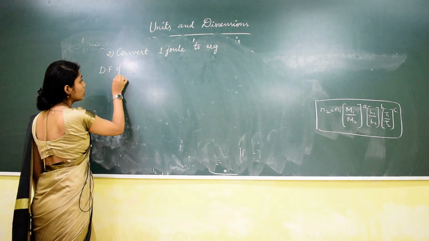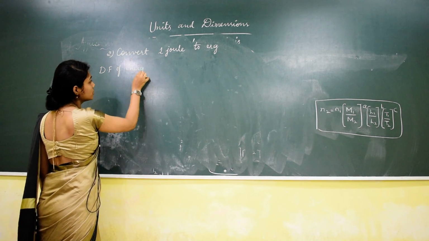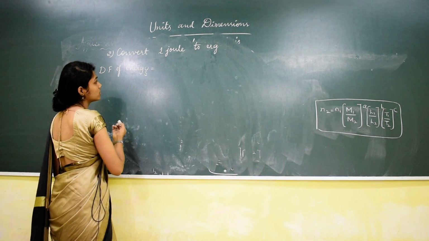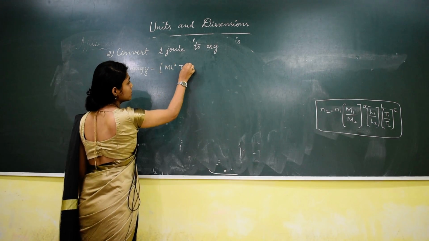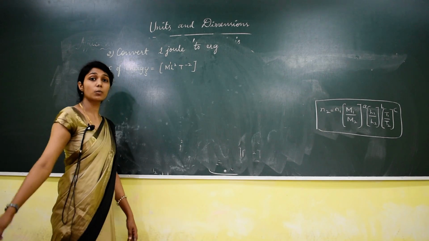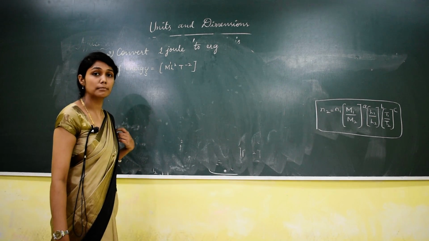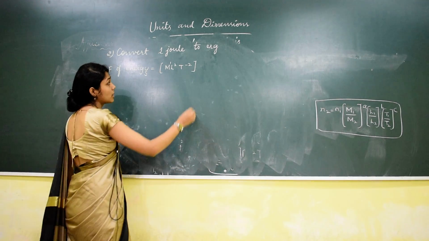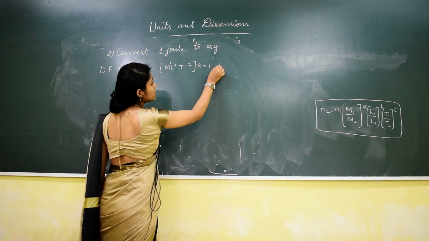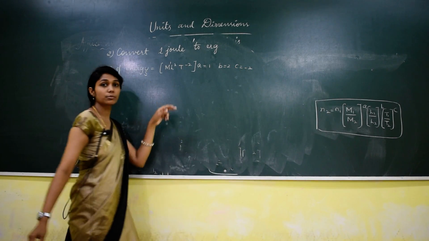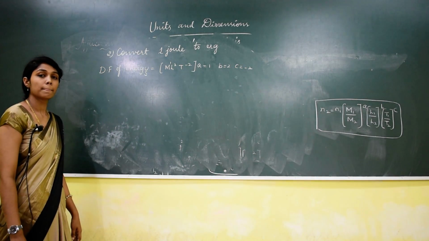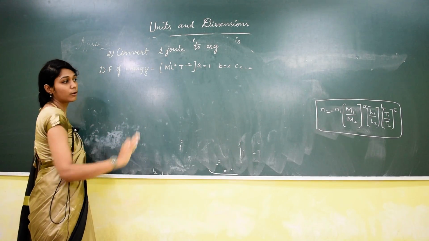The dimensional formula of energy is M L square T minus 2, or M raised to 1, L raised to 2, T raised to minus 2, where a is equal to 1, b is equal to 2 and c is equal to minus 2. Then I'm going to write the formula directly here.